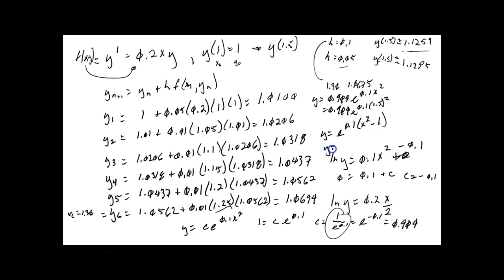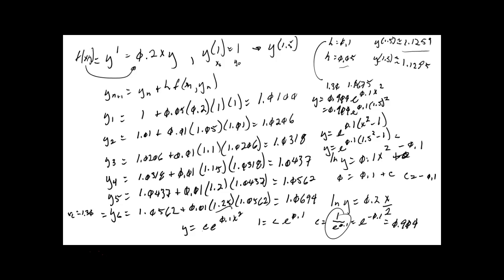And we'll get y is equal to e to the 0.1 times 1.5 squared minus 1. We should get the same answer we did if we had carried it out. See what you get there. That's 2.25 minus 1 is 1.25 times 0.1 is 0.125.